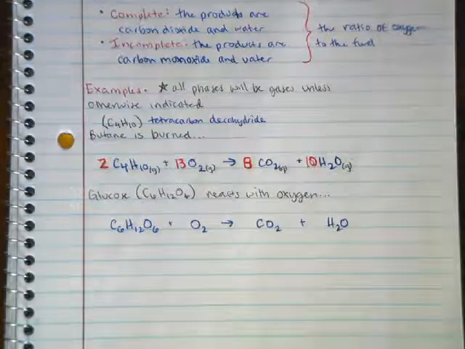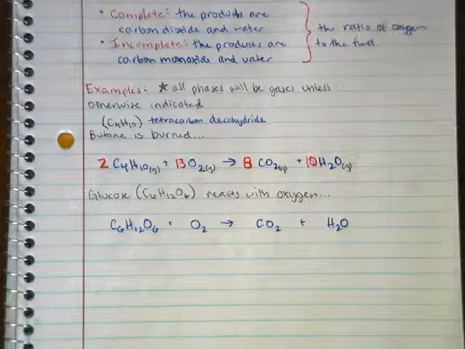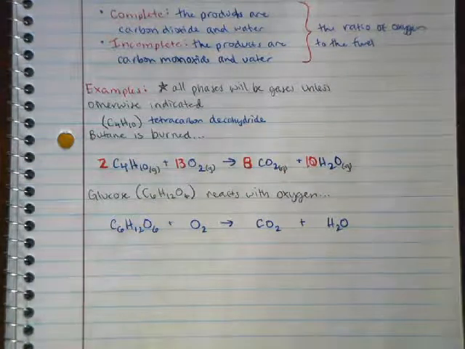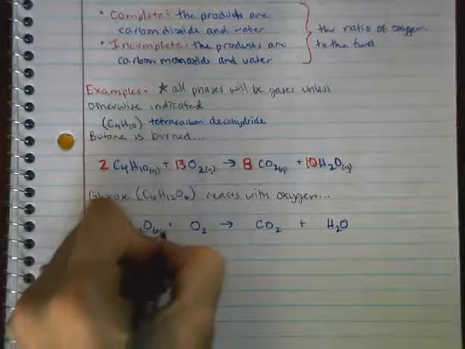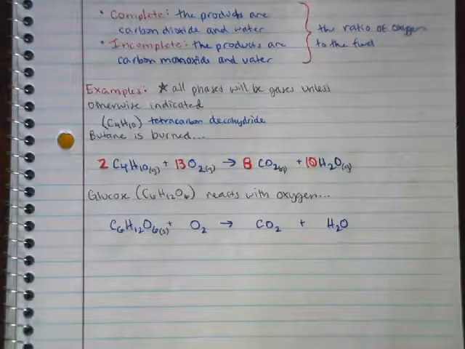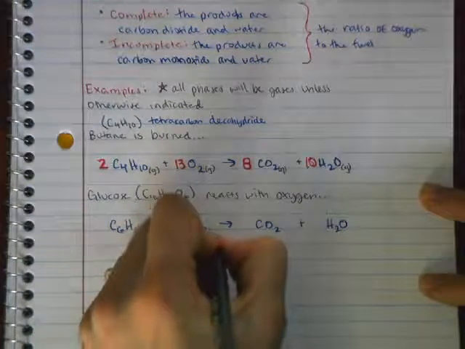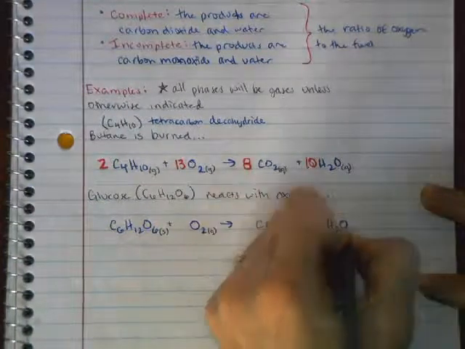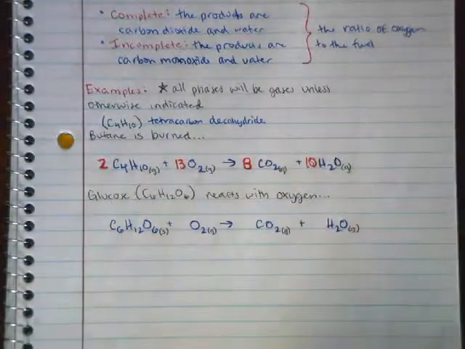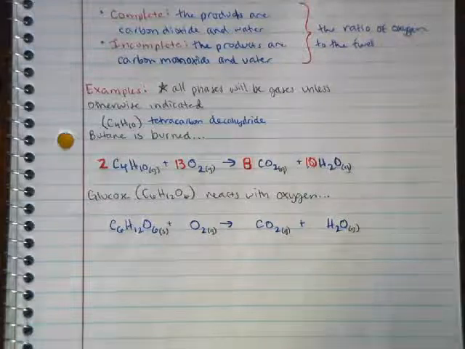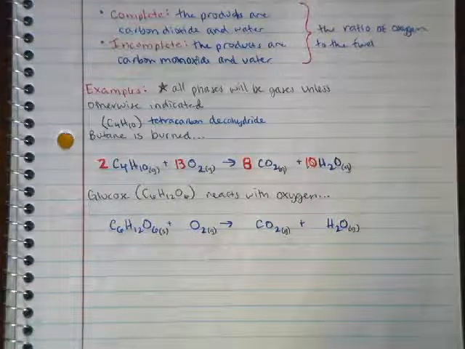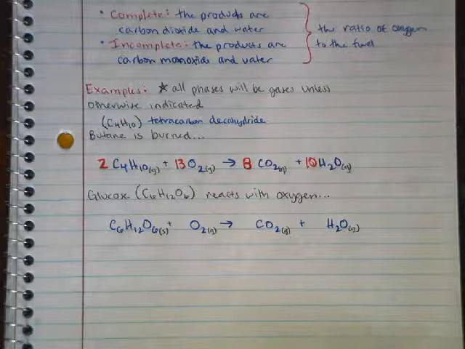Okay, so carbon dioxide and water. Now, just because I know different, I'm going to say that the sugar is a solid. But everything else is going to be a gas. Again, you can assume gaseous unless something tells you otherwise.